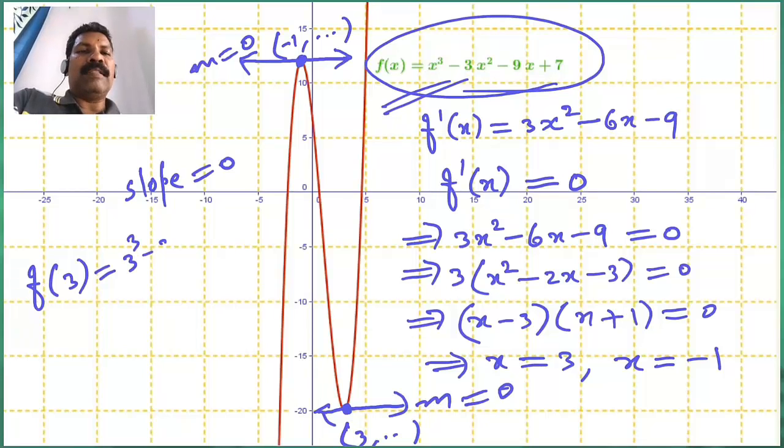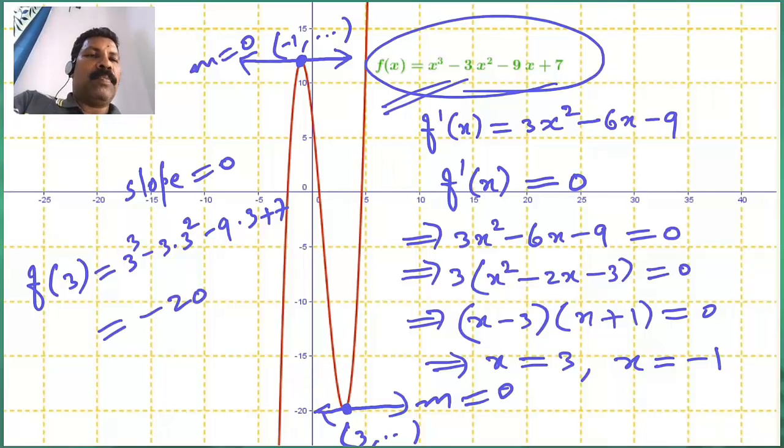That is 3³ - 3 × 3² - 9 × 3 + 7. That you have to simplify. Then you can get that is -20. So this point will be (3, -20). That is the one point.